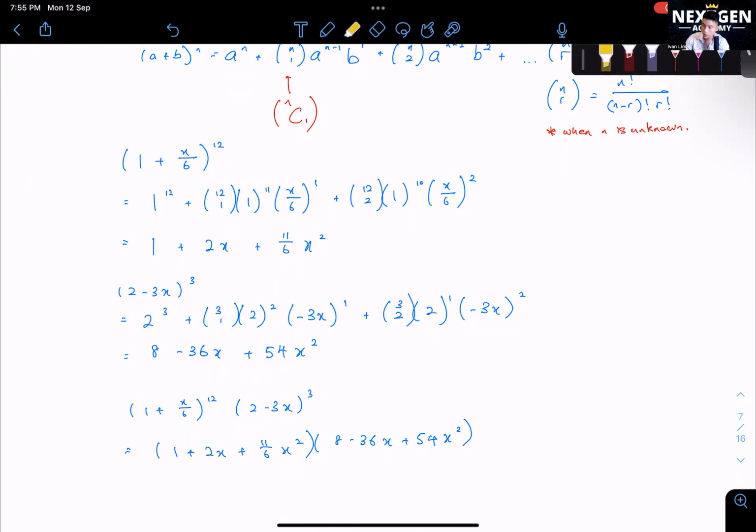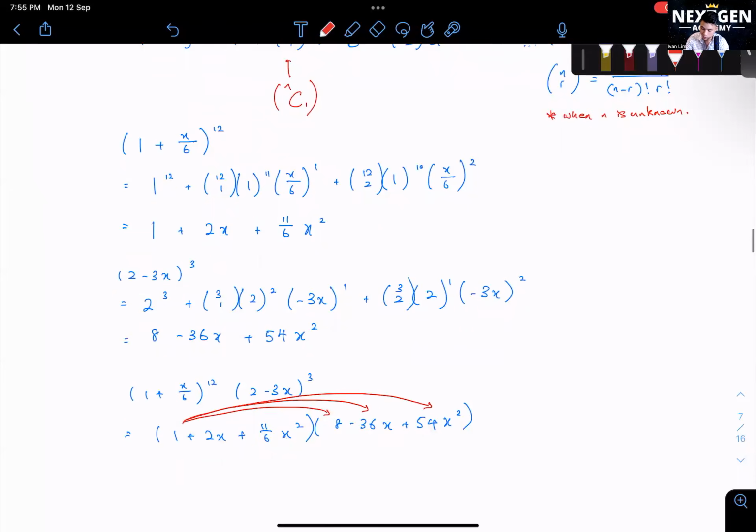So we determine which one will give us that. Okay, so this and this, yes. Then 1 times negative 36, yes. 1 times 54x squared, yes. Because we only want to find until x squared. Second one, 2x times 8, yes.